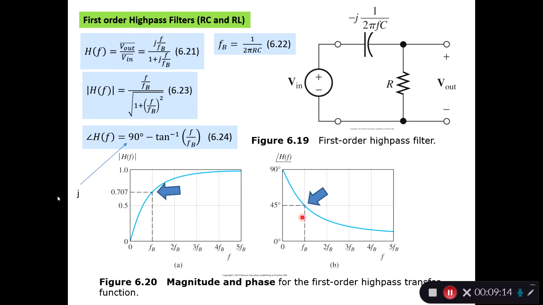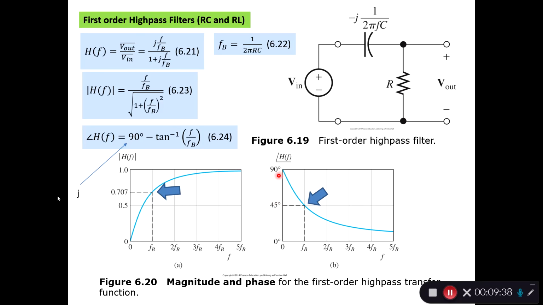At the same time, for the phase shift, when we put the break frequency in up here, we get 1. Then we have minus 45 here. Then we actually get a phase shift of 45. For the low pass filter, we had minus 45.